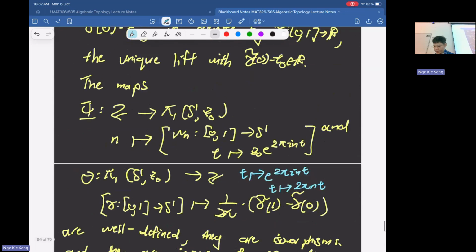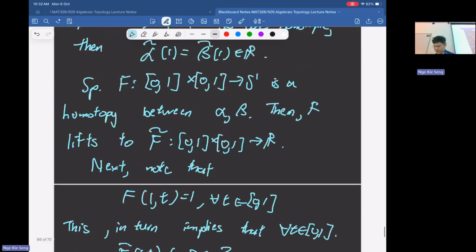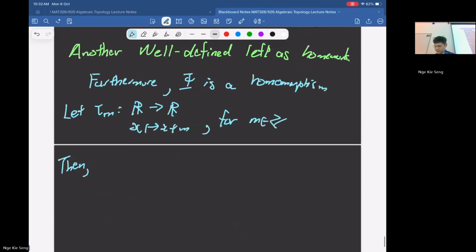This capital phi here will go from Z to pi 1 of x1. Psi, I didn't circle it, right? Psi, okay, thank you. So this capital Psi here.